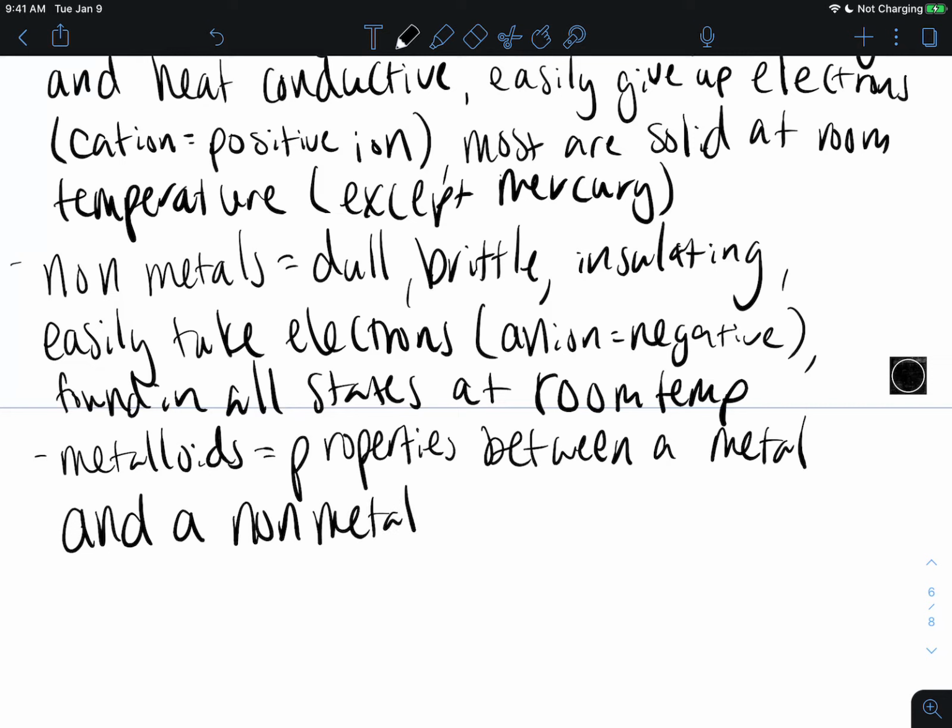So they are going to be somewhat conductive, and they're going to be somewhat brittle, somewhat malleable, generally more brittle, but they're not going to be too much like either group.